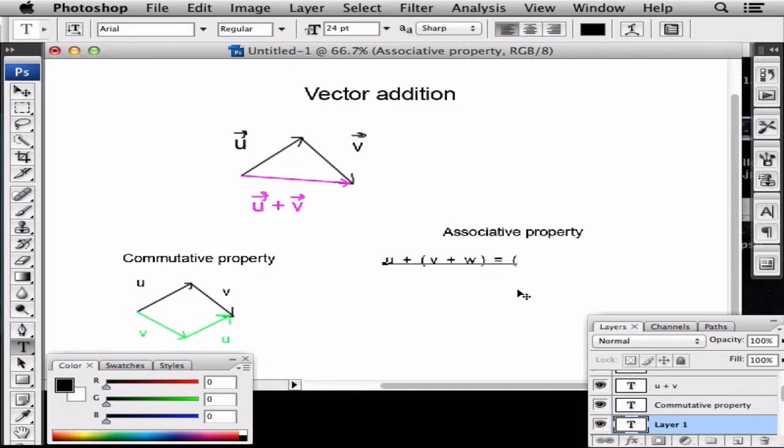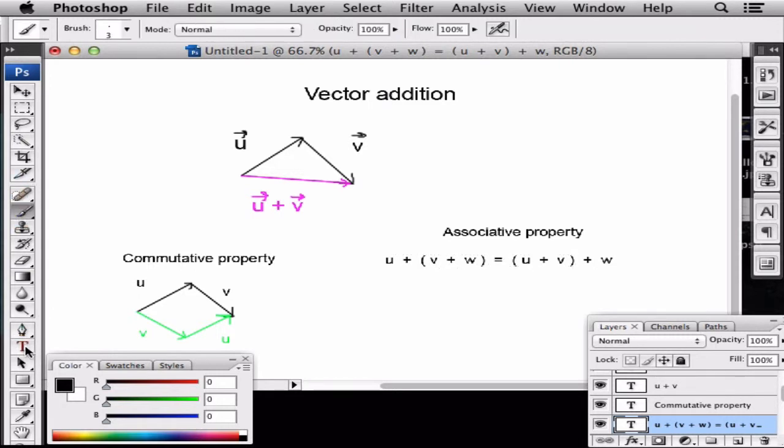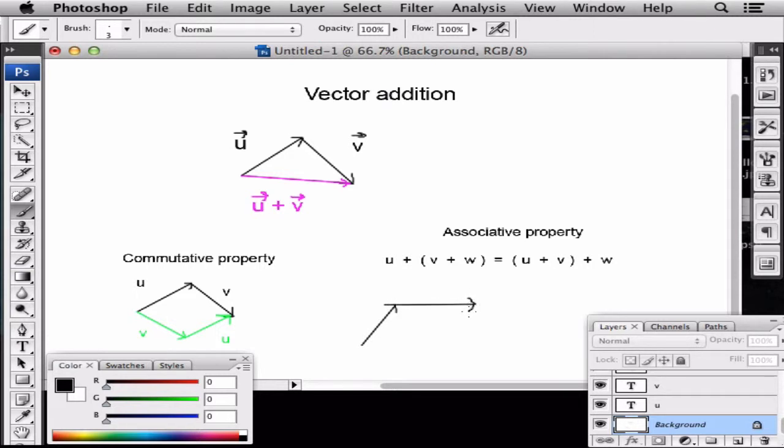Like this. And it's actually quite intuitive if you look at the geometry of it. So we put 3 vectors here, u, v, and a third vector w.